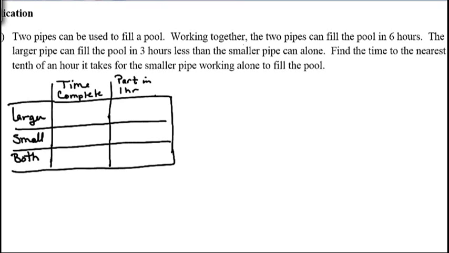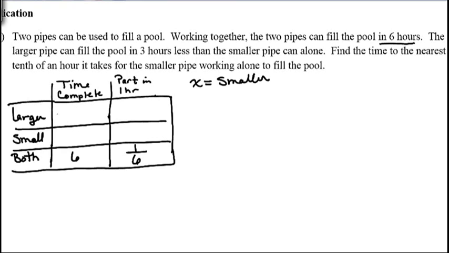Okay, so we know that working together, the 2 pipes can fill the pool in 6 hours. So both of them together can fill the pool in 6 hours. And so the part that they can complete in 1 hour is 1/6. The larger pipe can fill the pool in 3 hours less than the smaller pipe can alone. So X is going to be the smaller pipe.